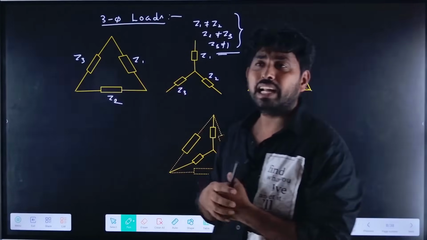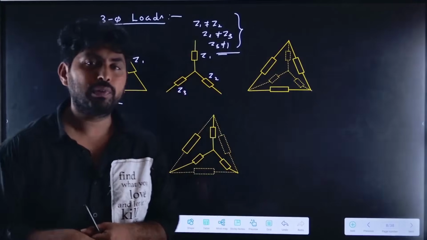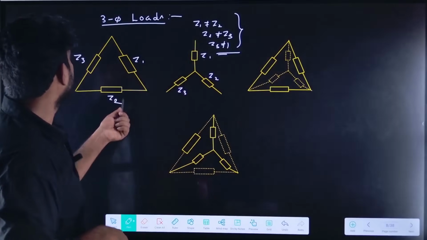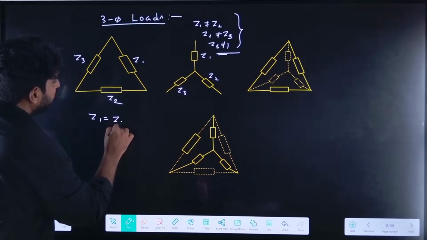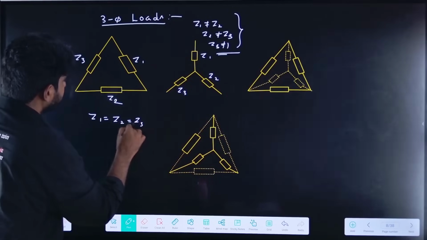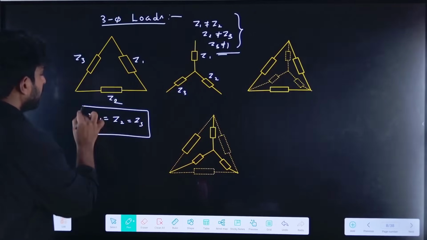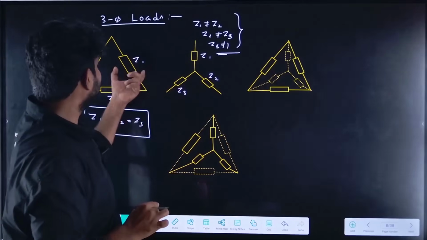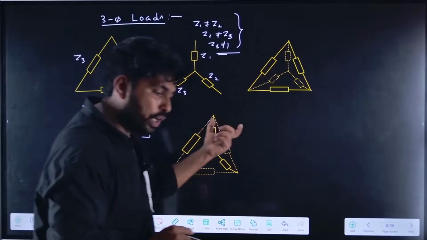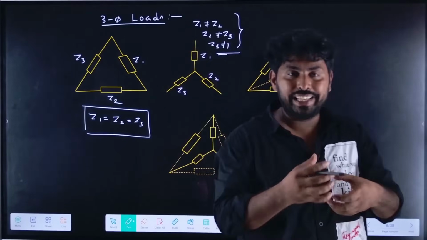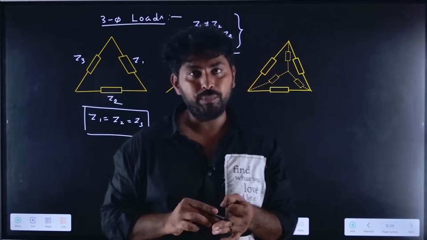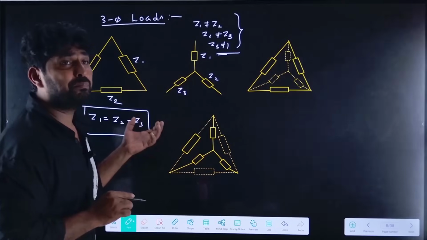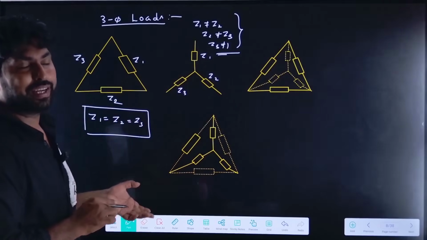Now let us consider the balanced load. If Z1 equals Z2 equals Z3, in these two cases, delta connected load and star connected load, if the three impedances in each phase are equal, we can call these balanced loads.